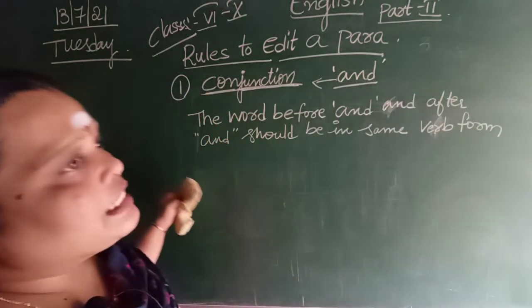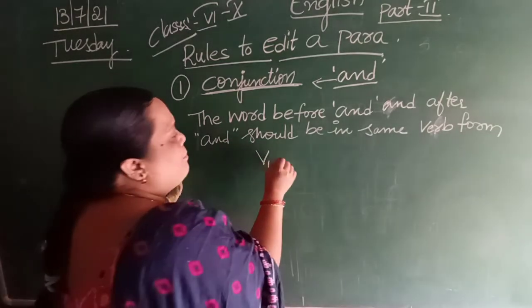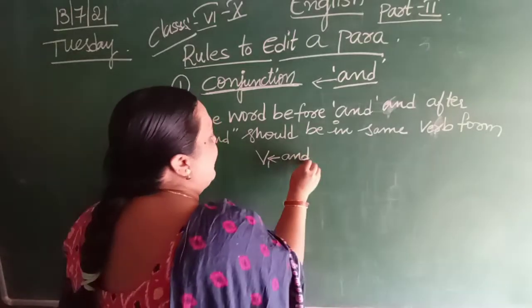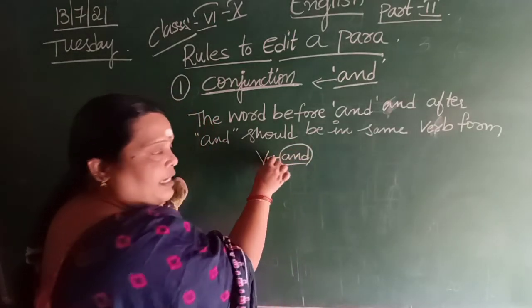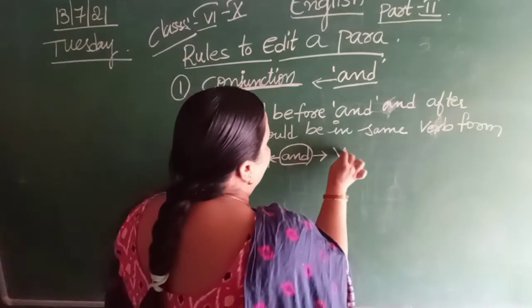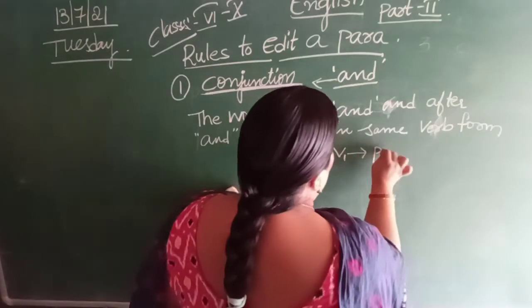Here V means verb, Nana. Should be in the same verb form. That means suppose if we are taking V1 before and, then after and also we have to take V1. Nana, V1 is the present tense.